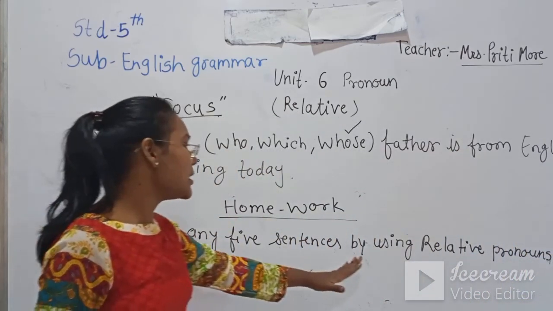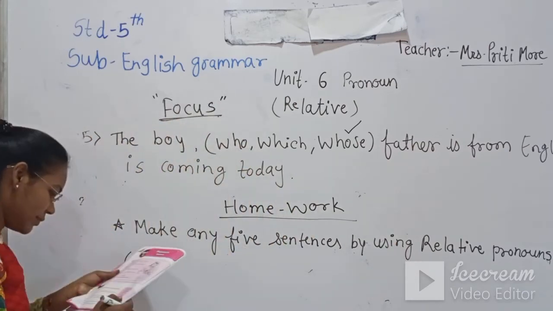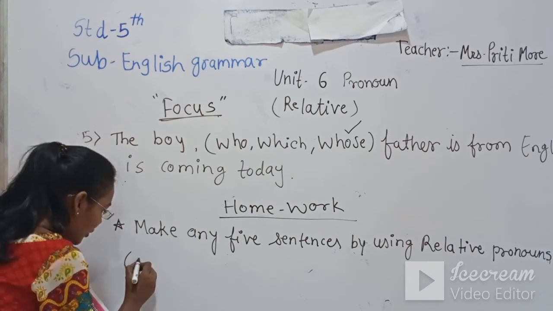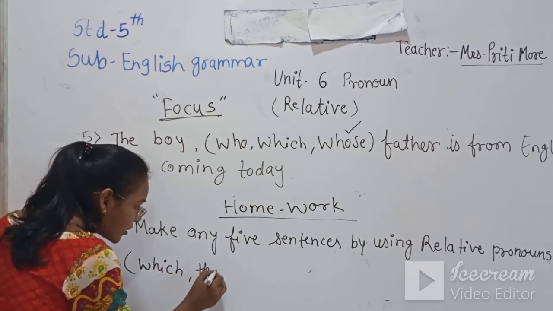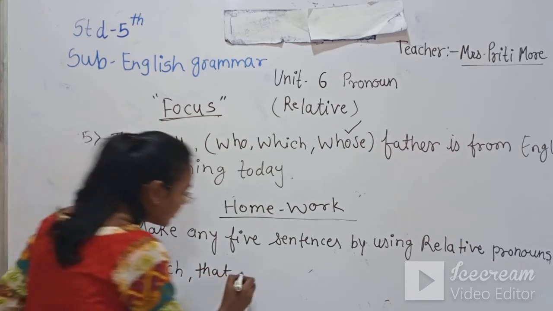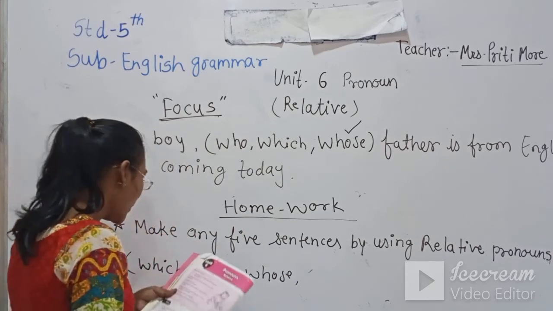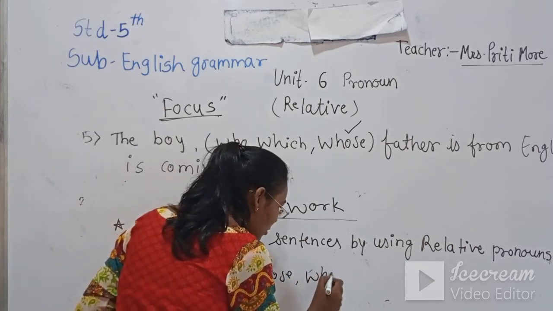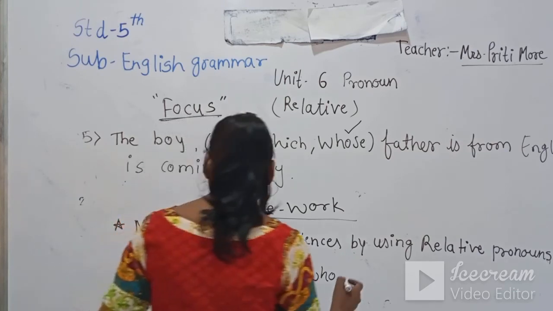Make any 5 sentences by using relative pronouns. You can use which, that, whose for showing authority, who, and whom.